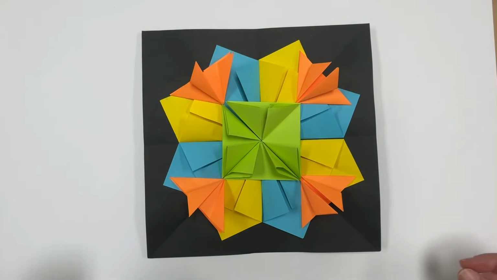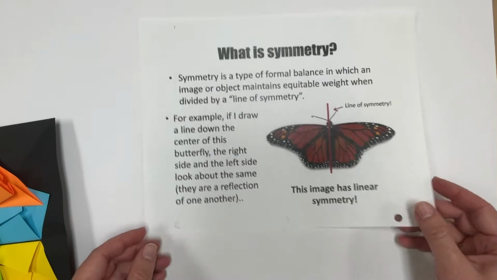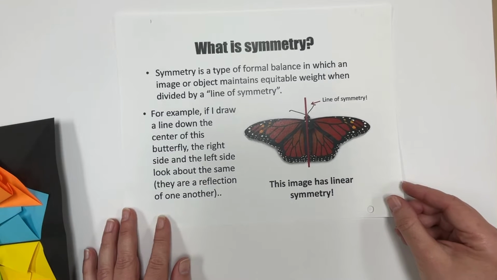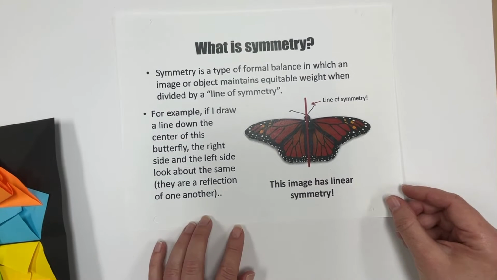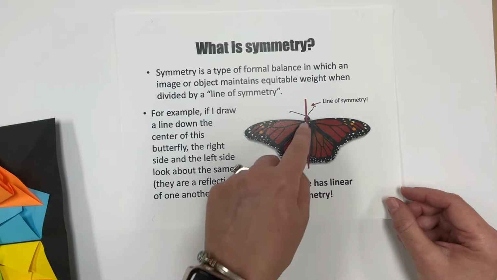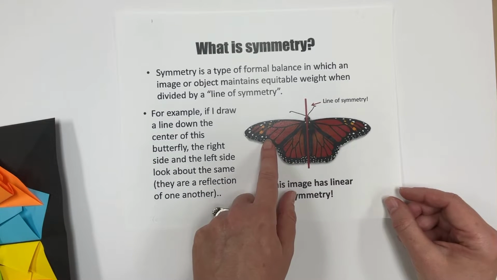So also we're going to be talking about symmetry. So I wanted to show you a few handouts, and your teacher has these, and talk to you about what symmetry is. So first of all, symmetry is a type of balance when an image or object maintains weight when divided by a line of symmetry, which really just means that we're using a butterfly here as an example.